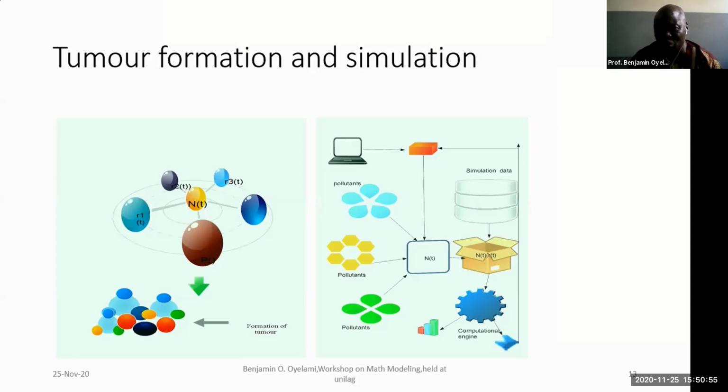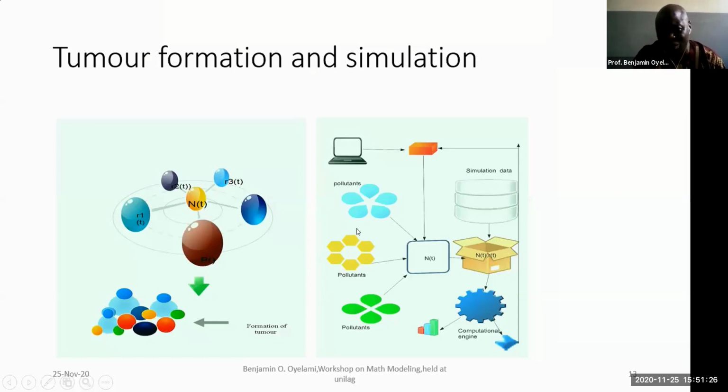Like for example, you see somebody having boils in the body. When the immune cells attack that disease and kill it off, they gather them and they come up in the form of boils, and later when it bursts, you will see pus and other things. But sometimes the disease does overwhelm the immune system, and that will allow the cell to keep on differentiating, and then the formation of a tumor within the body.